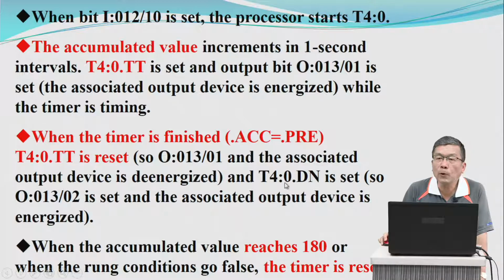And the T4:0.dn is set, so output 013-02 is set, and the associated output device is energized. When the accumulated value reaches 180, or when the running condition goes false, the timer is reset.